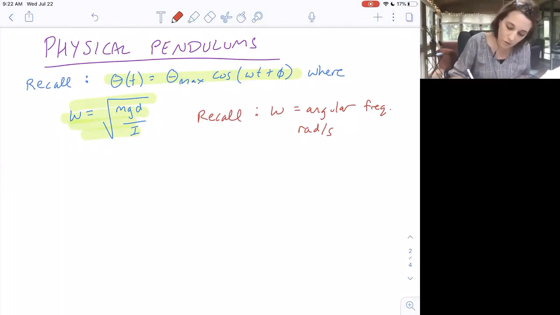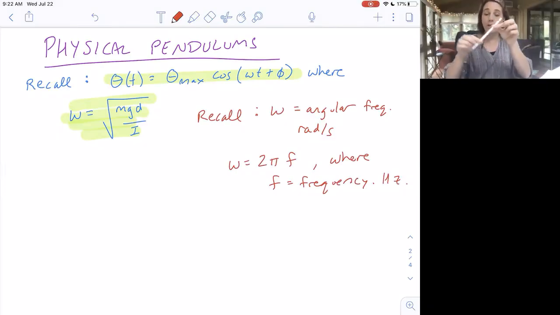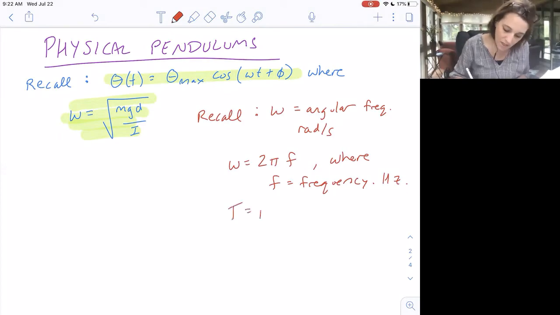So omega is our angular frequency, and omega is equal to 2 pi times f, where f is just the frequency, not angular frequency. The units of f are hertz, so cycles per second. That would be how many cycles your pendulum completes in 1 second. And then lastly, we have T, which is the period, and that's equal to 1 over the frequency.